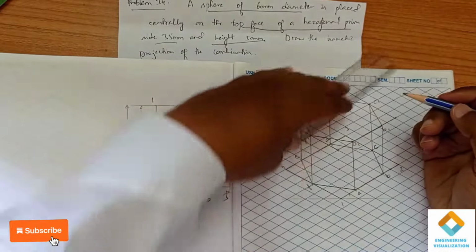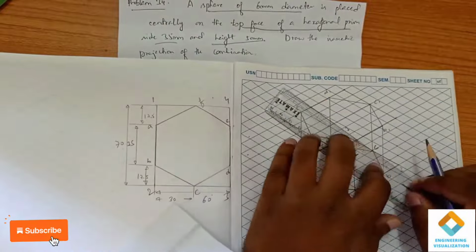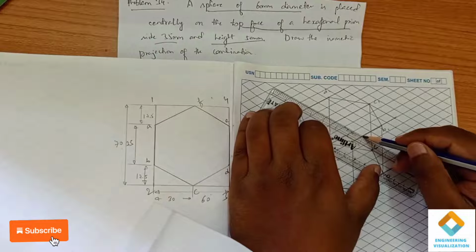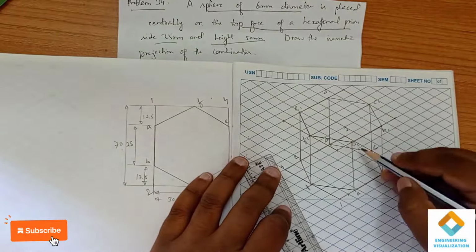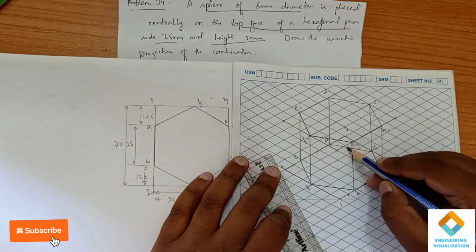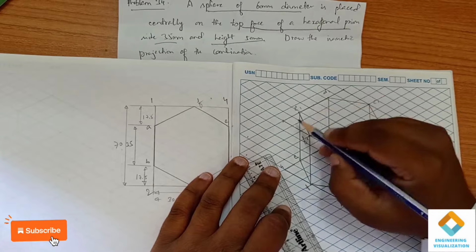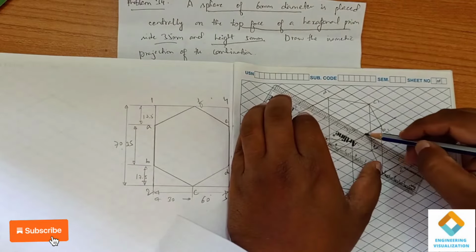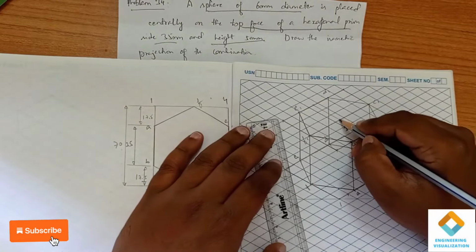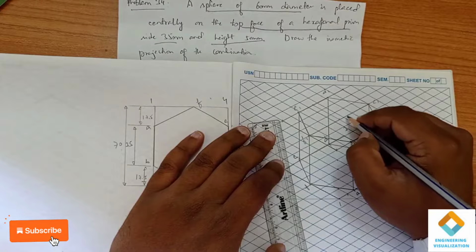So from the center of the box, 3.5 means here and 3.5 here. So from the center, the height we have to consider is 30. Height 30.